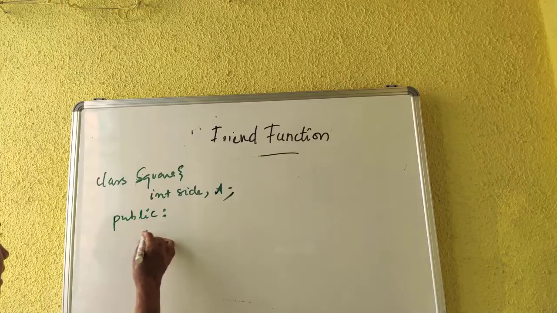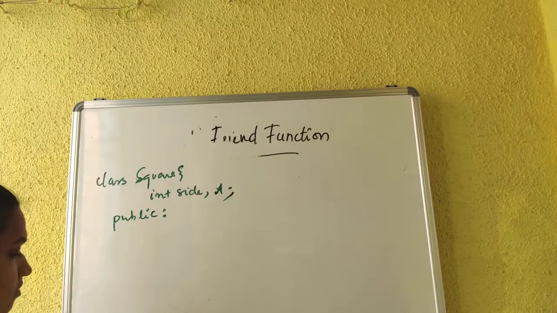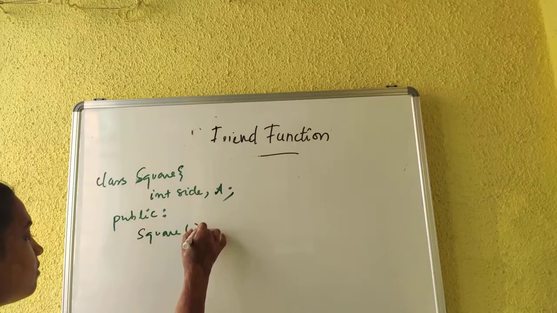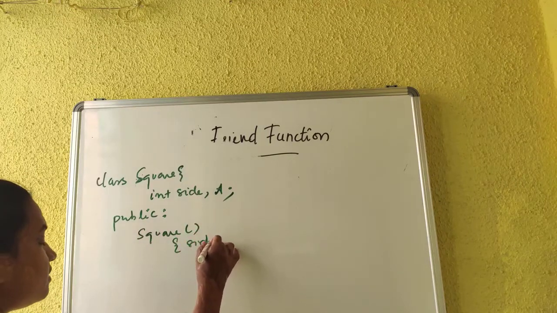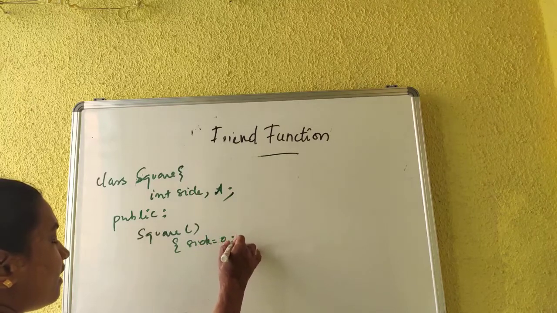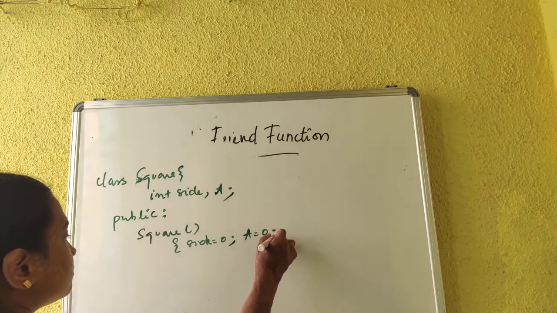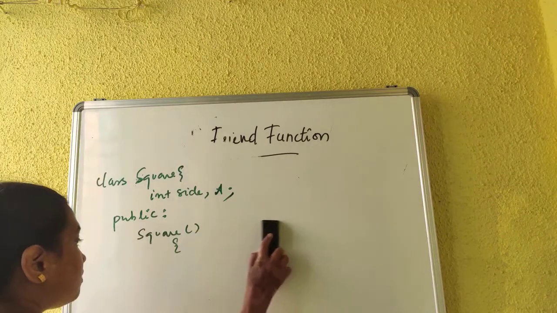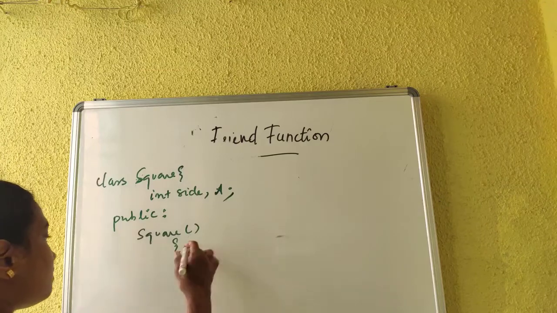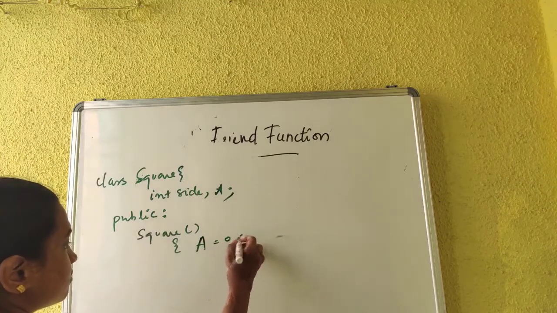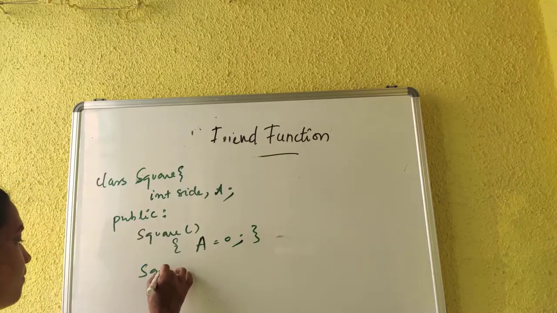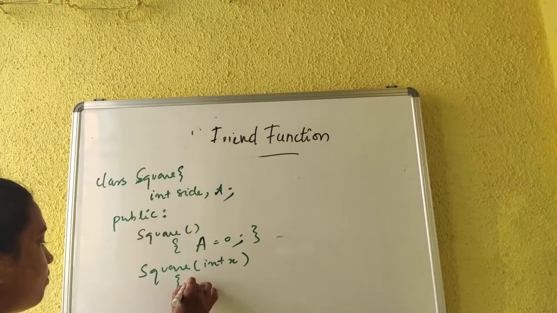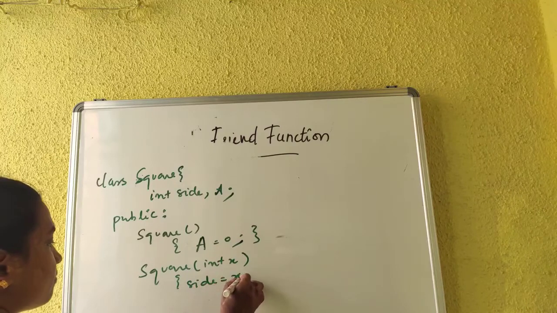Let me have a default constructor wherein side is equal to 0 and A is equal to 0. You can use that, or you can use the default constructor to just initialize the result. So A is equal to 0. And I will have a parameterized constructor, say int x, which is going to give side a value.